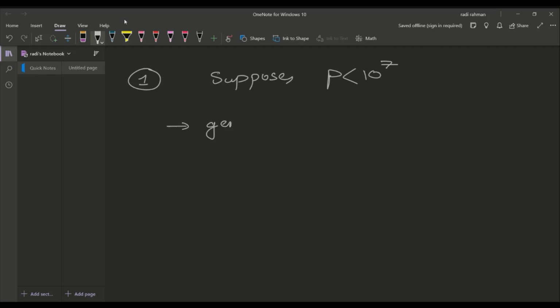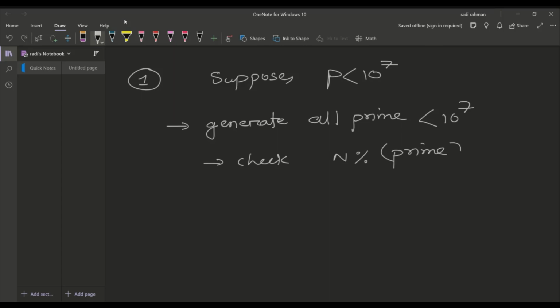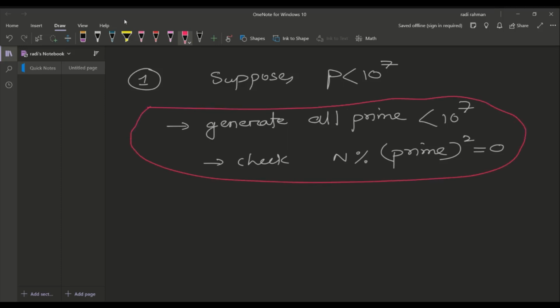because now you have to generate all primes less than 10 to the power 7, and you have to check whether n modulo that prime square is equal to 0 or not, right?